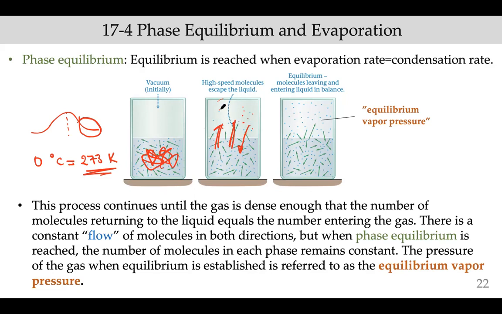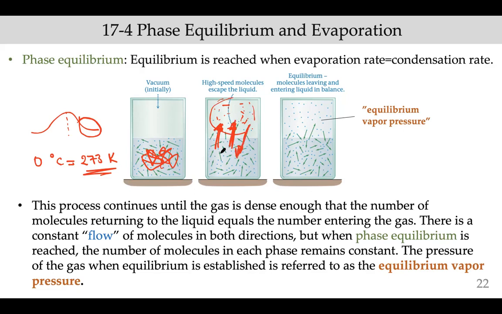Of course, when the density of gas here increases, at some point the rate of particles that escape from the liquid to this part will be equal to the rate of gas particles going back into the liquid.